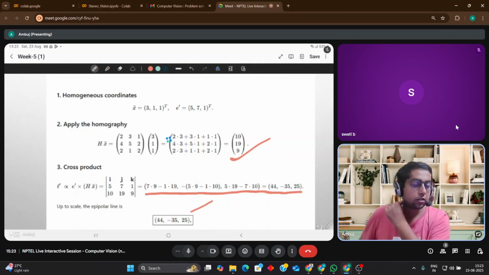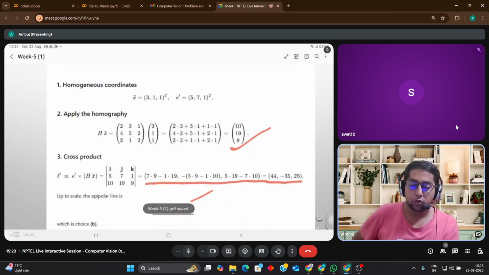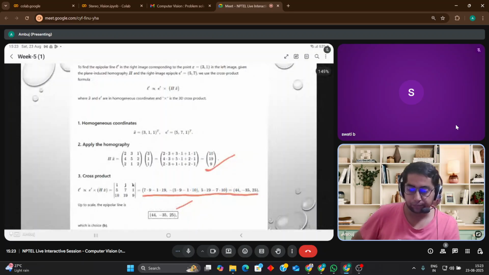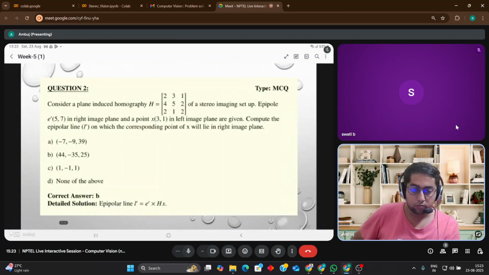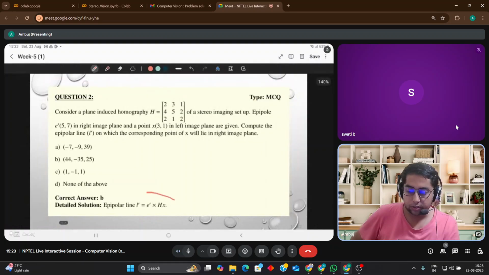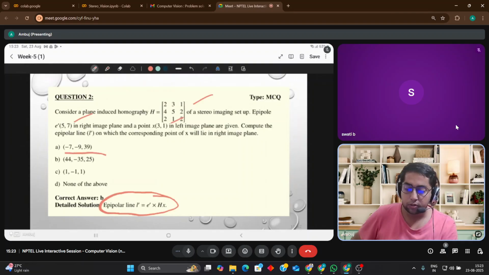It is a very simple numerical, nothing much complicated. So directly just do L dash equal to E dash cross product H x. All the things have been provided in the question itself, and when you compute, you will easily reach option number B.